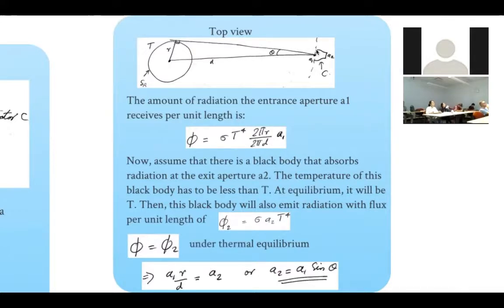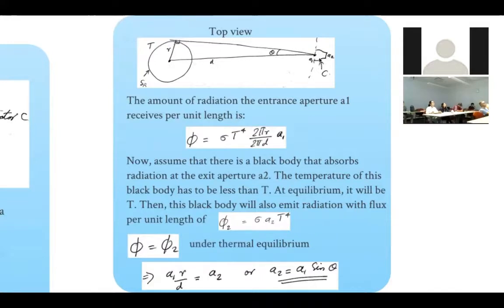And you have to, in the numerator, multiply it by the area of the entrance area of this concentrator. So that's a fraction that is intercepted by the concentrator. So you take A1, which is this length in this direction, times a unit length. So we're going to look at unit length.